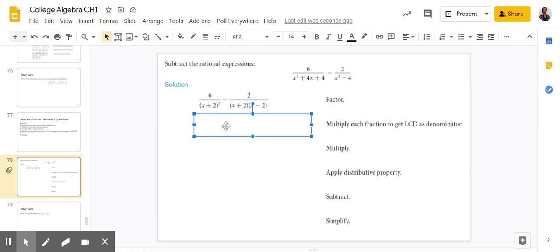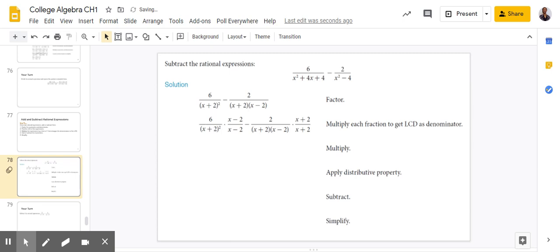So now that everything's factored, we can think about our lowest common denominator. Our lowest common denominator will be x plus 2 squared times x minus 2. Just a little trick: you can multiply the two denominators together, but we notice this term is missing one x plus 2, so if we multiply this by x plus 2, we'll at least have that same component.